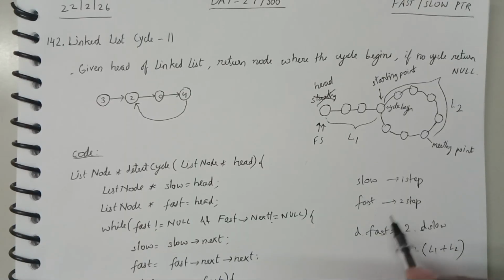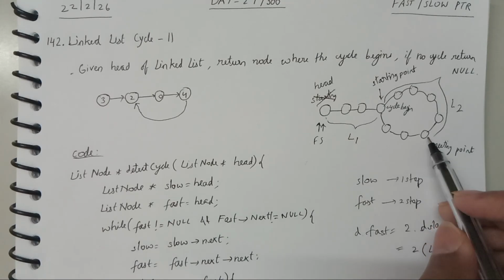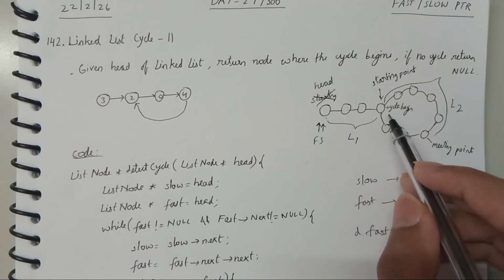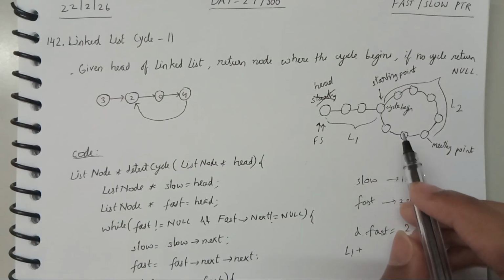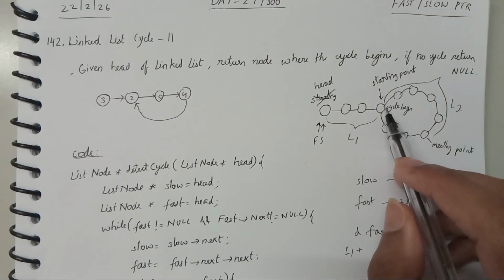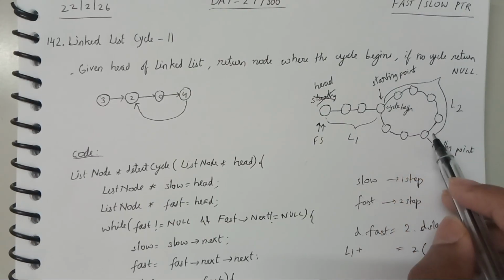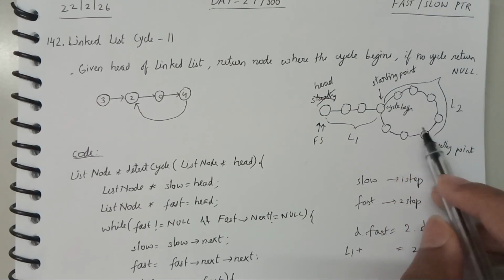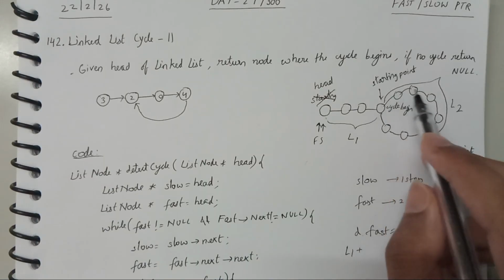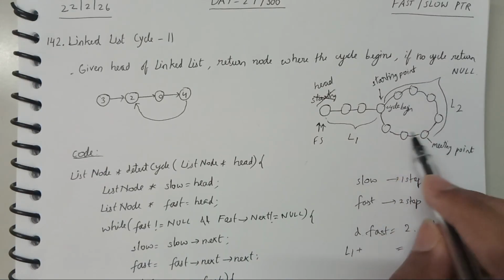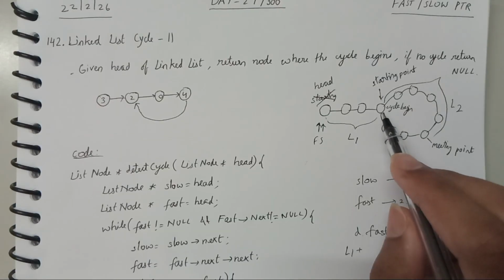The distance covered by fast to reach here will be, first it will move L1 distance. So let's write L1 plus... We know that it is moving faster than slow. So to meet at the meeting point, it must have traveled many rounds, or it must have covered many cycles before reaching again at this starting point.